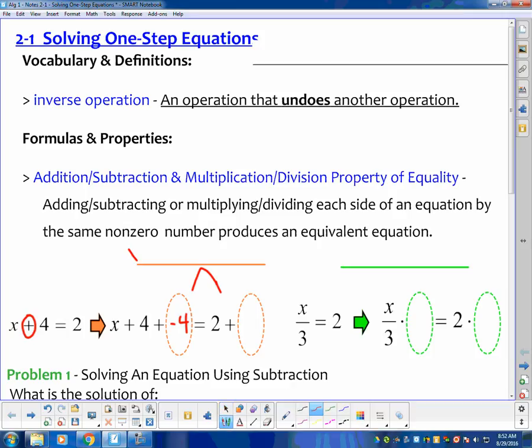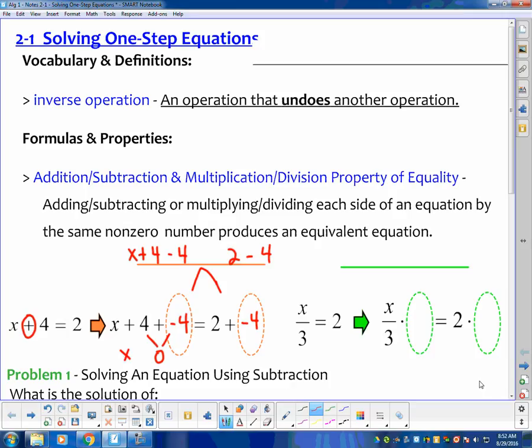So I have x plus 4. I've put this minus 4 or added a negative 4 here, so I need to do the same thing to the other side to keep the balance. Adding a negative 4, subtracting a 4, same thing. So that's why we subtract 4 or add a negative 4 to each side. Right here you'll see that 4 plus negative 4 equals 0. A lot of times we say these cancel out. It's canceling to equal 0.